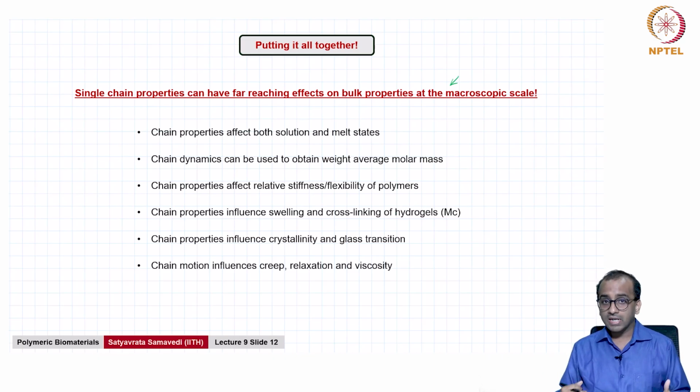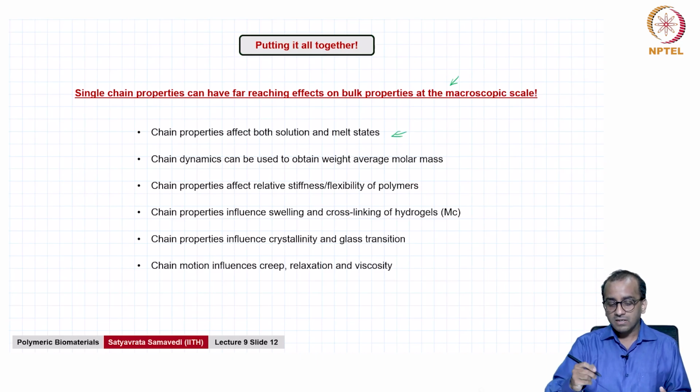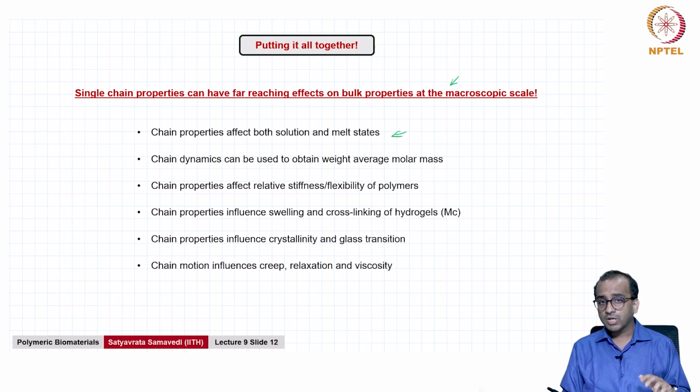And I have given you several examples of that here just to sort of get you excited about why single chain properties are important. As we have seen, single chain properties affect both solution and melt states. We saw that you can actually have extended or expanded chains, real chains with a different scaling exponent in a good solvent as compared to a collapsed chain in a poor solvent.